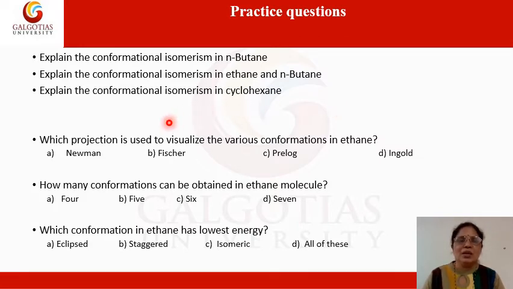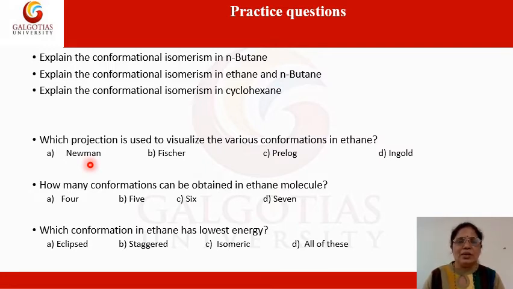There are other multiple choice questions, such as which type of projection we can use to understand the conformations of different organic molecules, like the Newman projection or the Fischer projection. That is also a very important and very simple question.